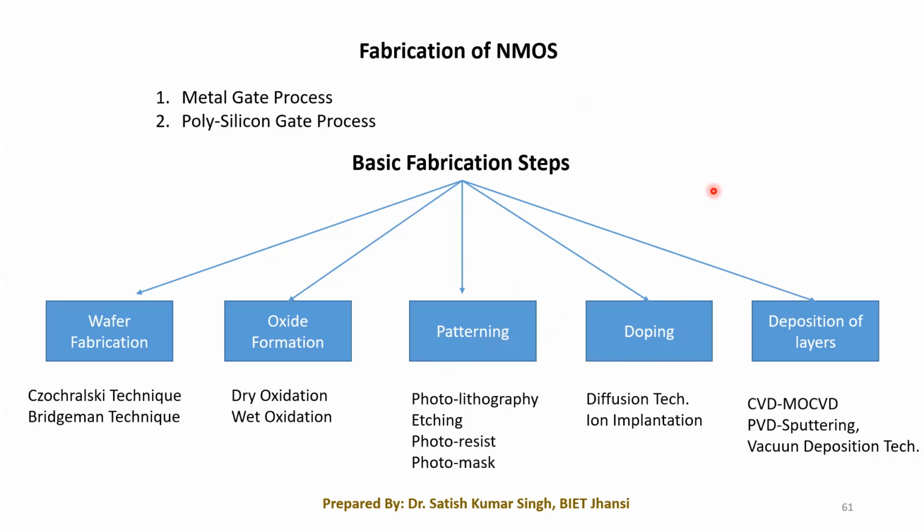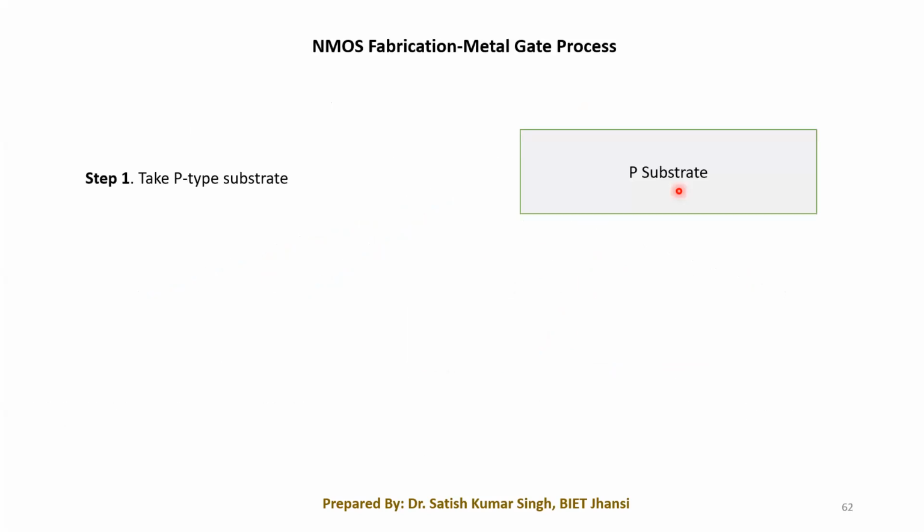Now we have to look at how this NMOS is fabricated using the metal gate process. The very first step is to take a P-type substrate. As I already explained, while growing the single silicon crystal, we can add a certain dopant material into the melt and then grow the crystal.